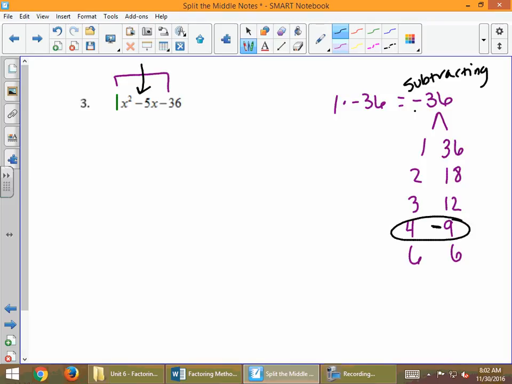So that middle number is going to be a -9. Whenever the product is negative, you're subtracting. Whenever your product is positive, you're adding. Alright? So then rewrite that middle. Jason, how do we rewrite that middle?